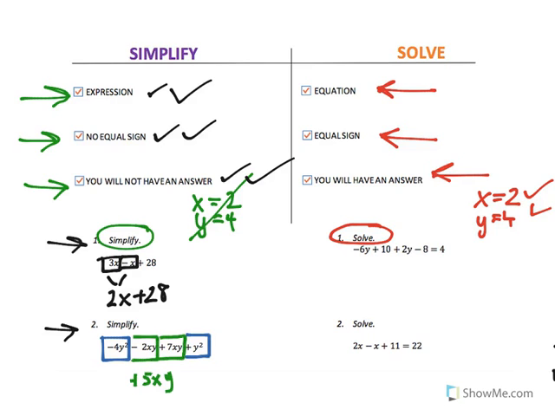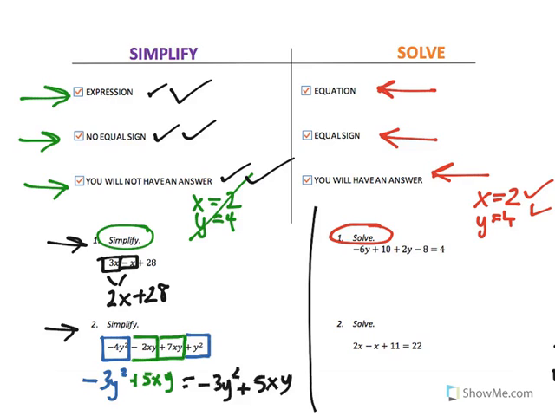I combine negative 4y squared plus y squared gives me negative 3y squared. y squared and xy are two different terms. I cannot combine them any further. My answer is negative 3y squared plus 5xy.